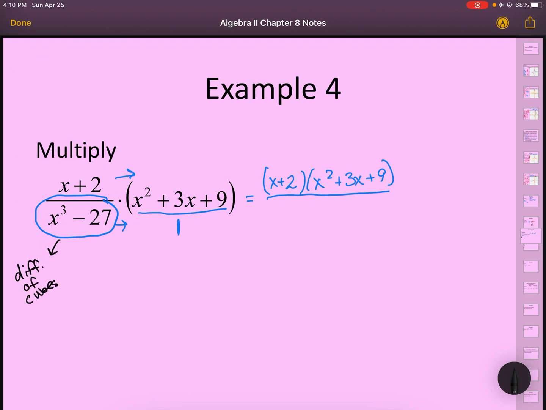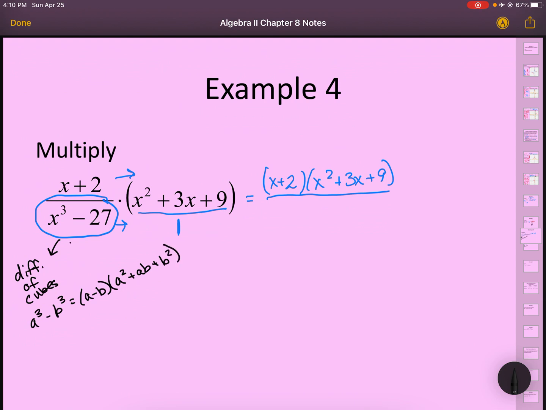And this was talked about back in chapter 5 when we did a lot about factoring polynomials. Okay, we had a formula for that. So if it was a difference of 2 cubes, we basically took a minus b times a squared plus ab plus b squared.